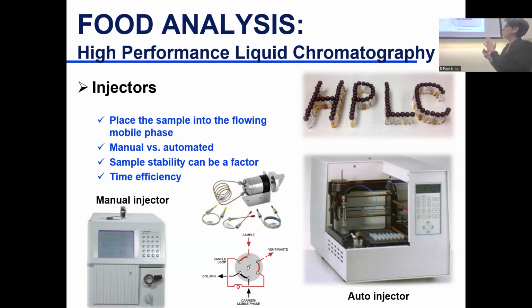When you inject the sample, there are internal valves that open, allowing the mobile phase to go into the sample loop, carry your sample, and take it into the stream of the mobile phase onto the column. Then the valves close again so that the mobile phase bypasses it. It doesn't always have to go through the sample loop, only when it's carrying the sample at injection.